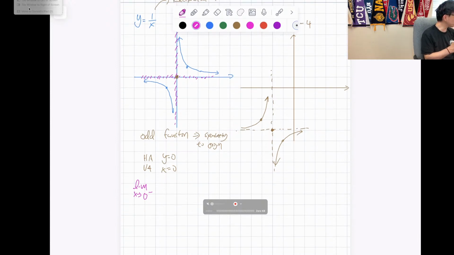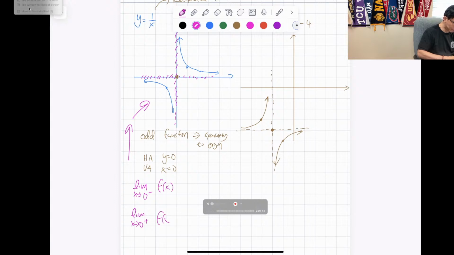And you can approach any number from the left side or right side. In this case, we're choosing 0. And you can also have x approach 0 from the positive side, so all this stuff is for this graph. So limit x approaches 0 from the positive side of f of x. So I will write down what that means.